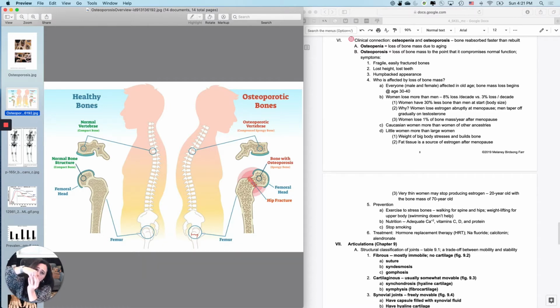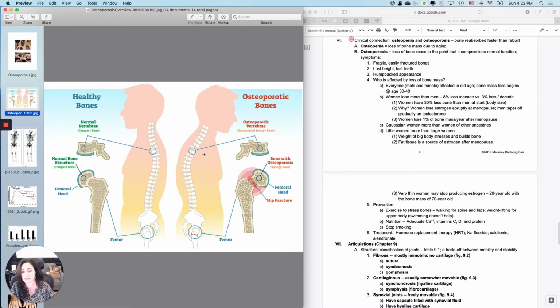And when they're nice and deep, they hold on to your teeth really well. But as you start to lose bone mass from your maxilla and your mandible, the sockets get shallower, and you can lose perfectly healthy teeth associated with osteoporosis. The humpbacked appearance a lot of times comes with the combination of the weak musculature and the compressed vertebra.